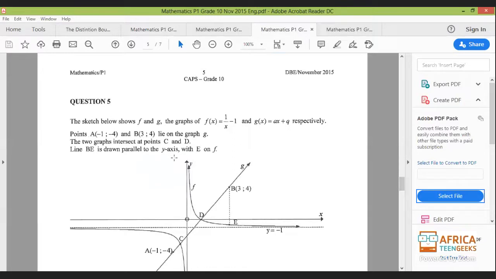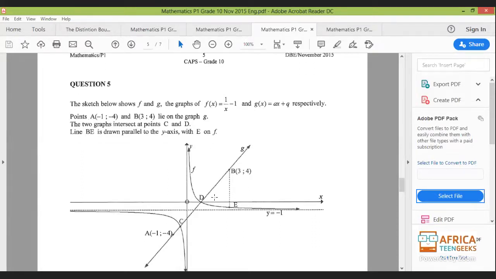Okay, guys? It says to us, question 5, the sketch below shows f and g. The graph f(x) equals 1 over x minus 1. That's f(x). They are talking about this parabola graph, which is given by f(x), and g(x) is given by ax plus q, respectively.